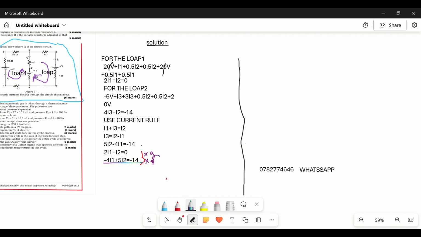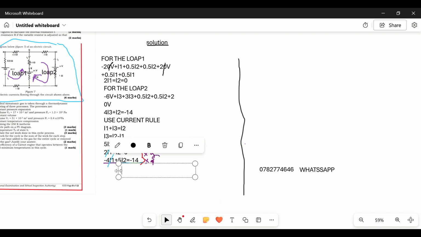After adding the equations, this can be cancelled because we multiplied by 2 to get 4I1, and this also cancels, and we remain with 7I2, which will be equal to negative 14.